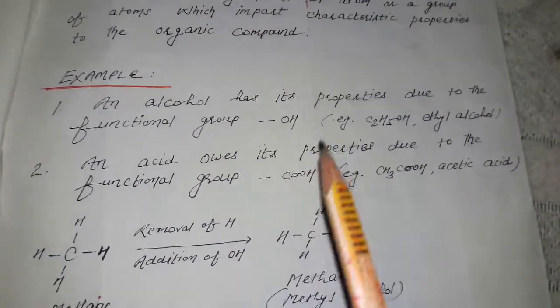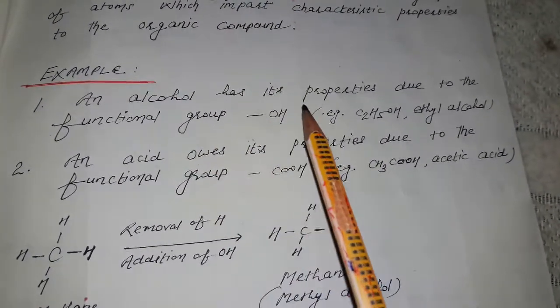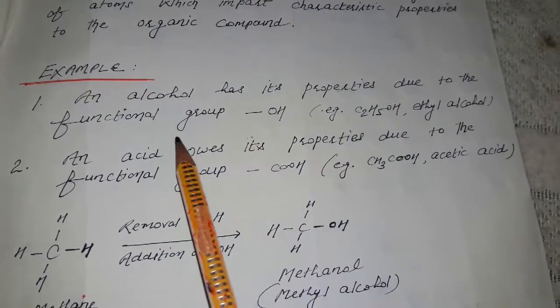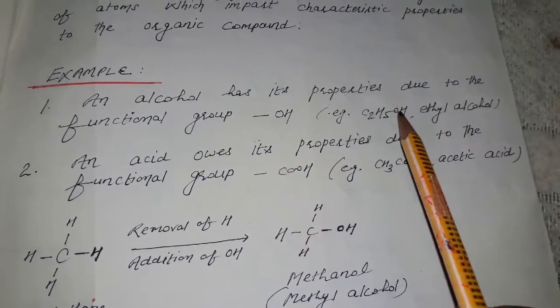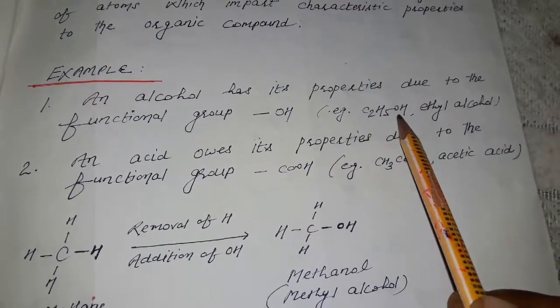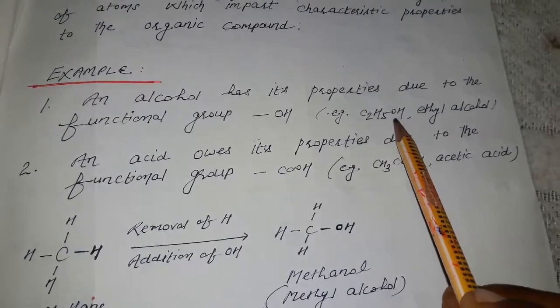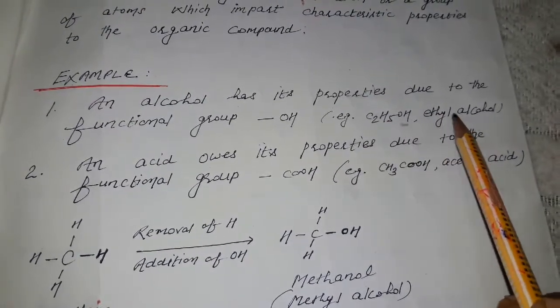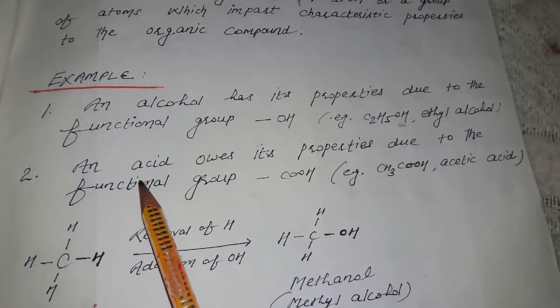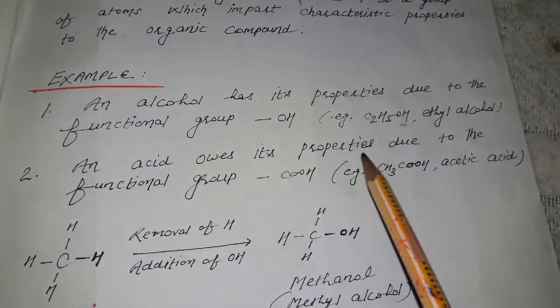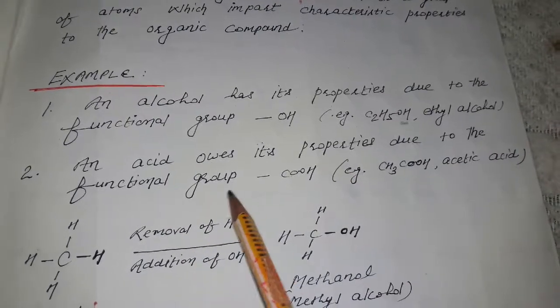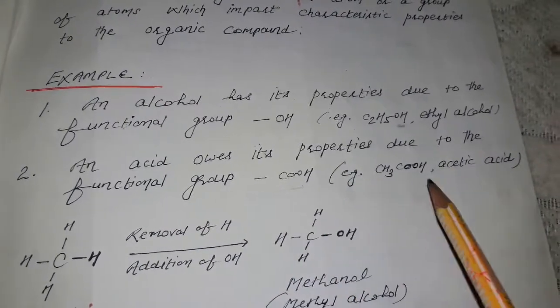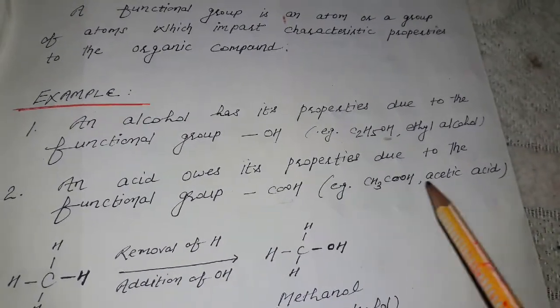For example, an alcohol has its properties due to the functional group OH. And an acid owes its properties to the carboxylic group. This is the example of acetic acid.